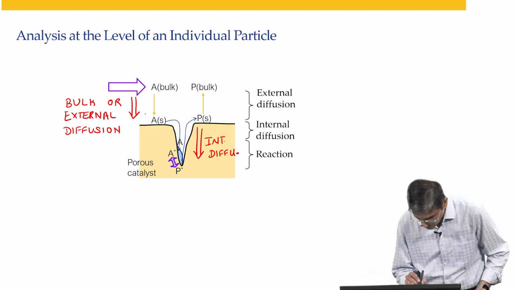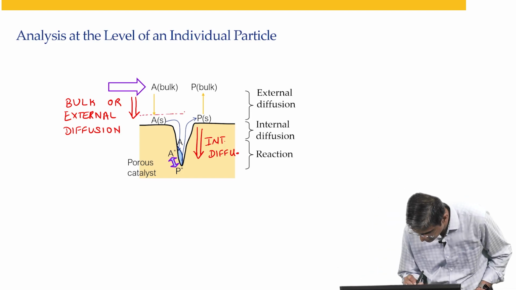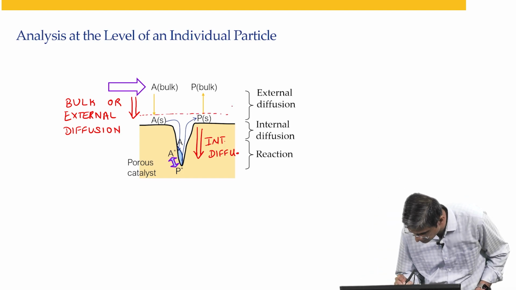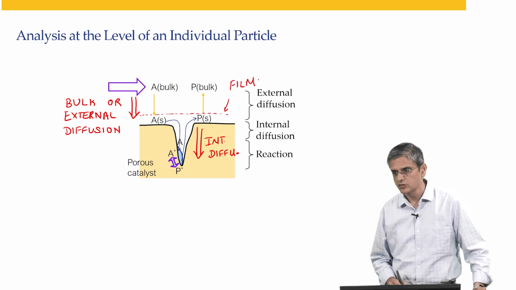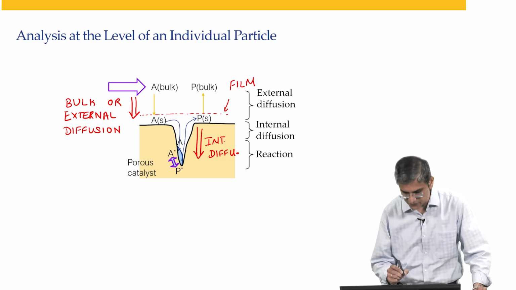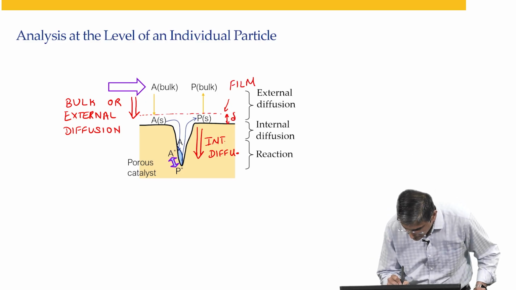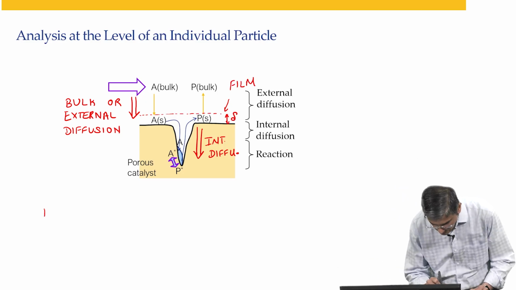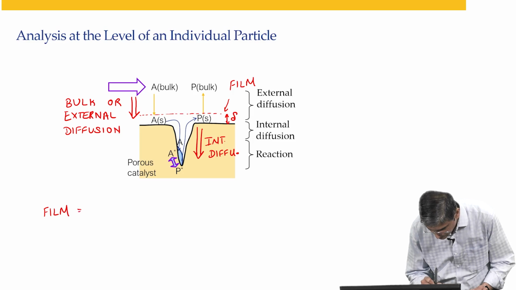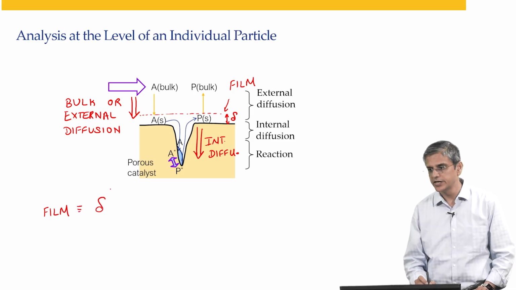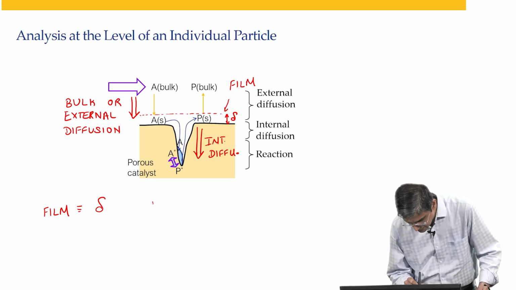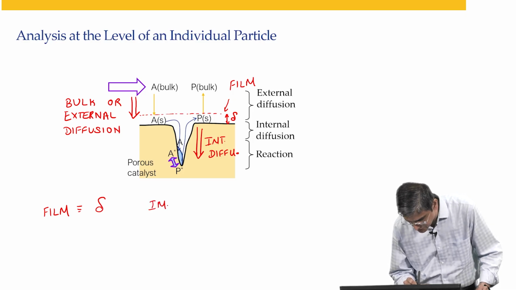Taking place, what we are going to say, we are going to form a film over here, and all of the diffusion will take place in that film. The film thickness, we will take it as delta. Keep in mind delta is our imagination.